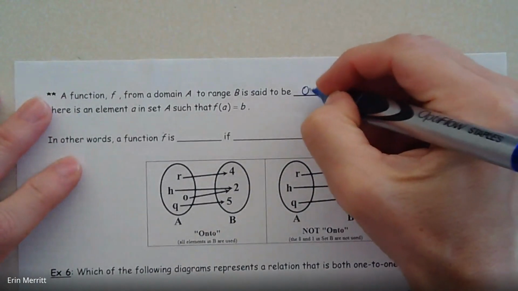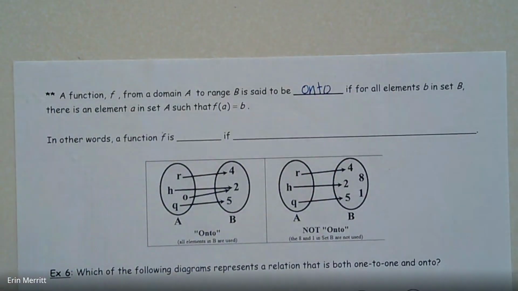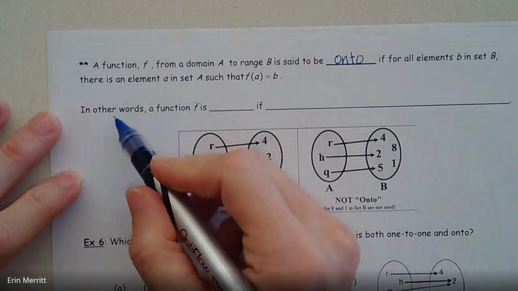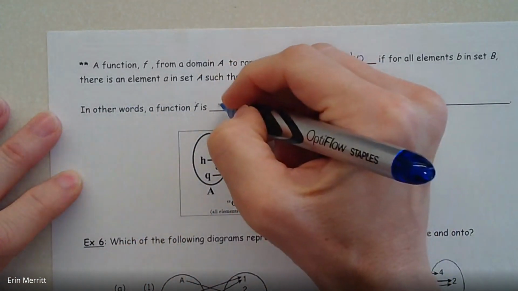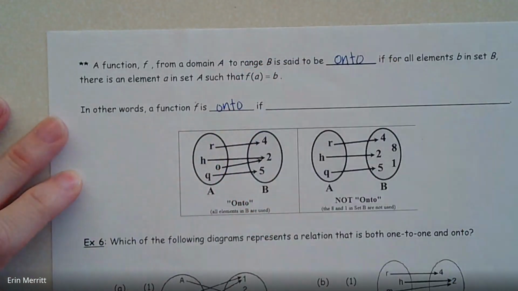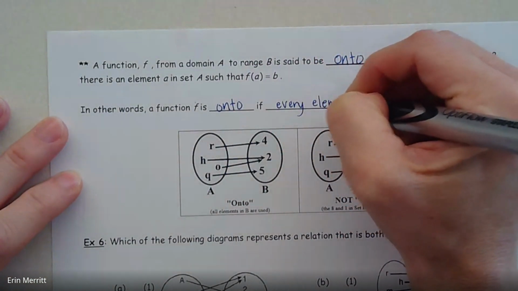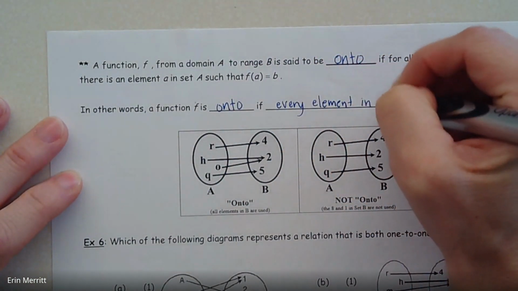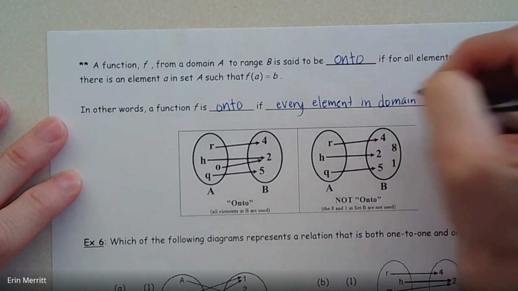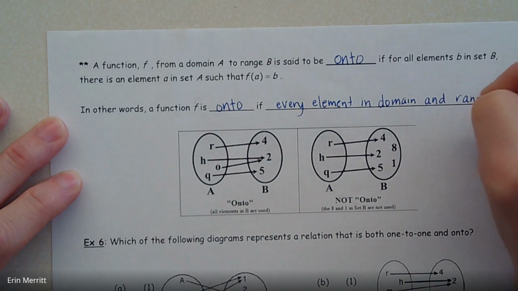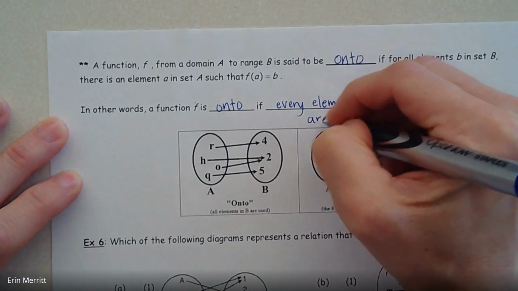So we say that functions are onto if basically for every x value, there's a y value that it's going to match up to. Right? So when it says, in other words, a function f is onto if every element in the domain and range are matched up.